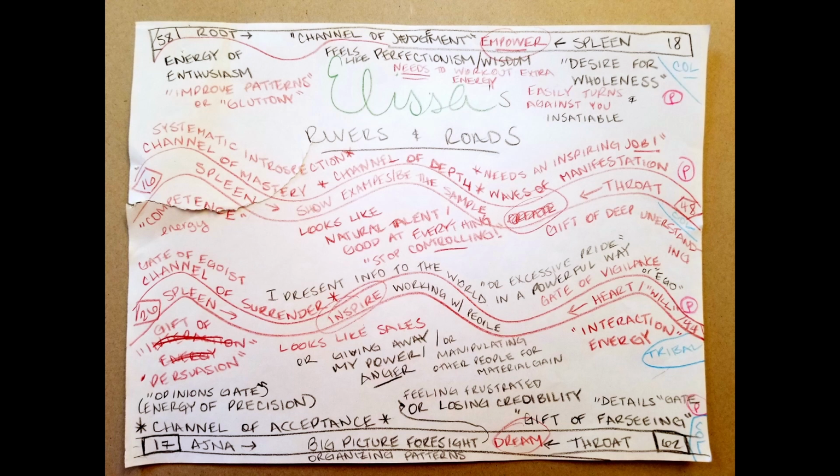So what I've learned about this is my channel of judgment, because it's projected, means I need to wait for the invitation from the collective to tell the collective what I think it's doing wrong and how it should fix itself. Therefore, when society is out of alignment, I have to wait until someone says, "Oh, Elissa, you are very wise in this area.